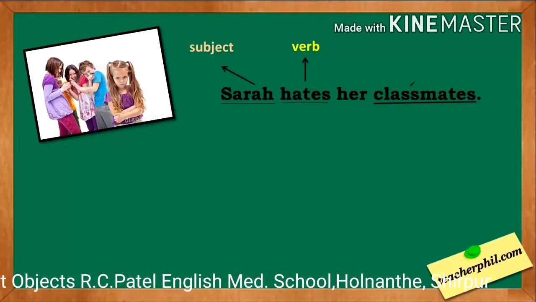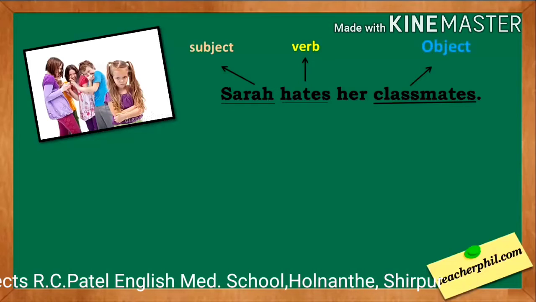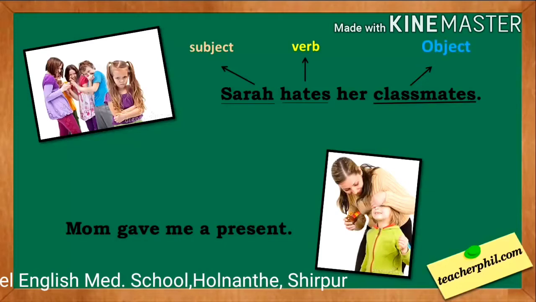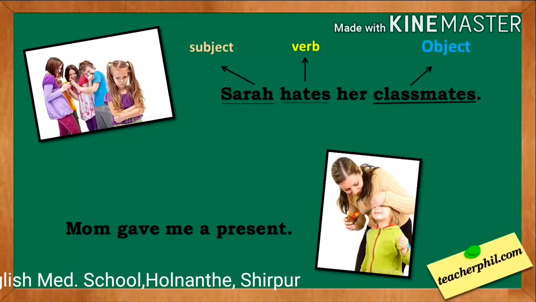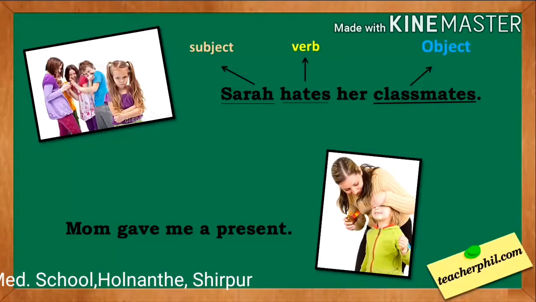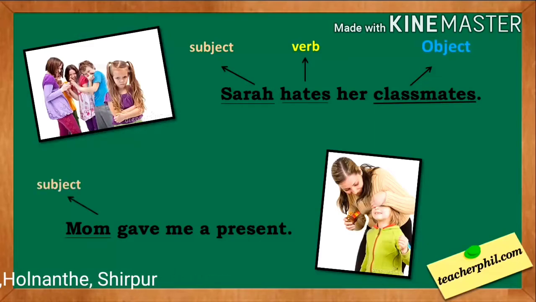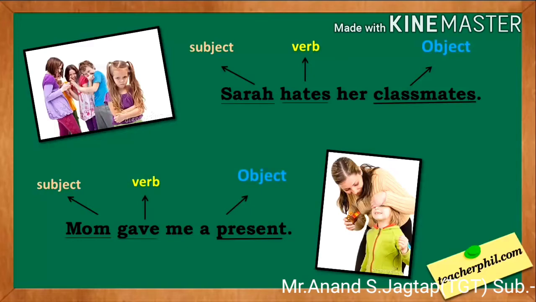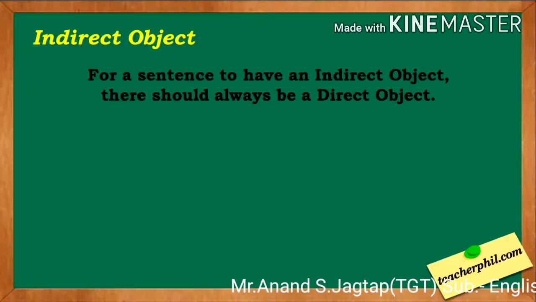So the classmates is direct object. Another example, Mom gave me a present. Mom is subject, gave is verb, and a present is the direct object. Why? Because it receives the action that is gave.